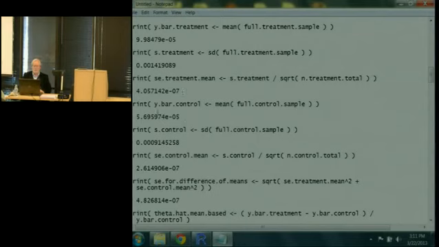Then I can do the same thing for the control numbers. They're actually quite a bit smaller than the treatment numbers are, and I can work out the control standard deviation and the standard error, and then work out the standard error for the difference of the means if I were interested in differences. So let's go ahead and do all that stuff.